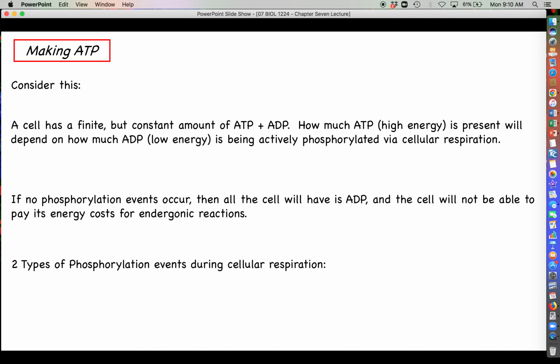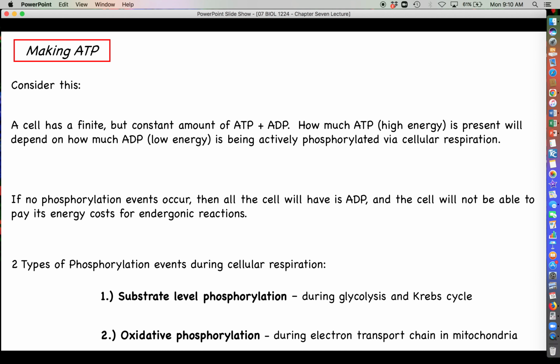So during cellular respiration, we are going to see that there are two different types of phosphorylation that we can perform, and we're going to utilize both of them. The first one is called substrate level phosphorylation. We'll talk a little bit more about this on the next slide, but basically this is the attachment of phosphates onto ADP by enzymes that get going very early in the cellular respiration process, during glycolysis and the Krebs cycle.